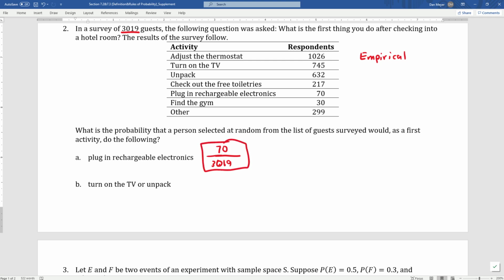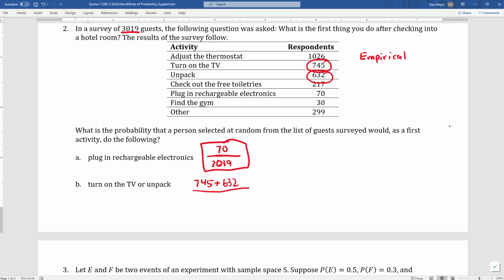Turn on the TV or unpack. For the relative frequency of the people who do that, there's 745 who turn on the TV, and there's 632 who unpack.